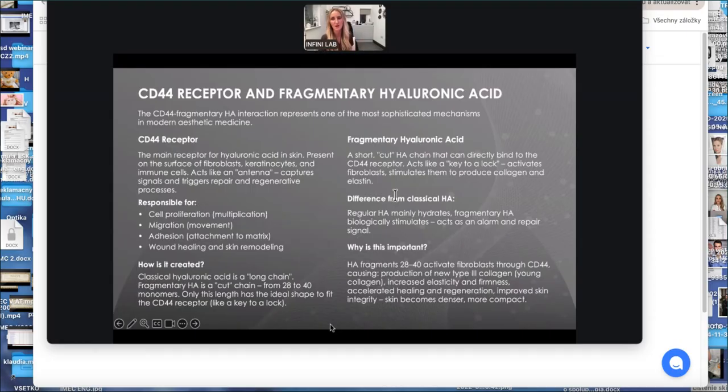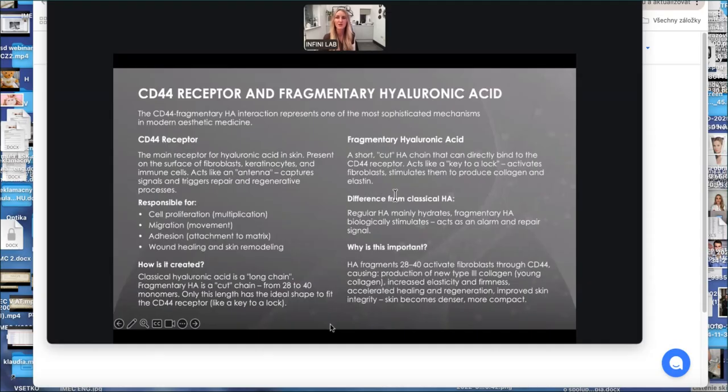So the receptor CD44, which creates collagen type 3, the only treatments we can stimulate this receptor with are those which contain fragments of hyaluronic acid, like the whole V line, VI, V1, V2, and V body, and also PRP.